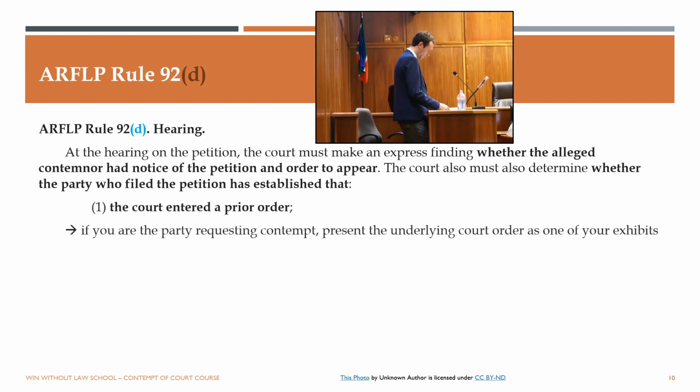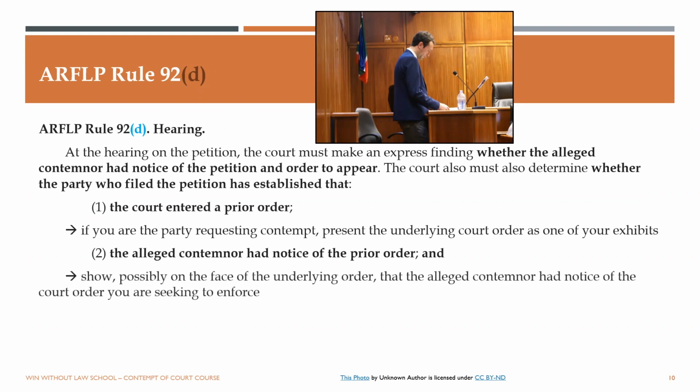So if you are the party requesting contempt at the contempt hearing, you can present this underlying court order as one of your exhibits. The court has to find that the alleged contemptor had notice of the prior order. You likely can show this on the face of the underlying order because there's generally a mailing certificate on the bottom.